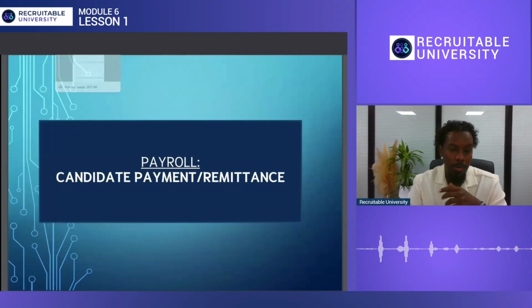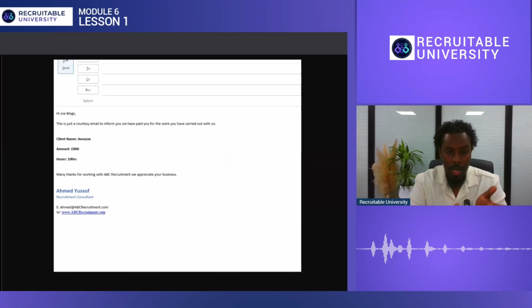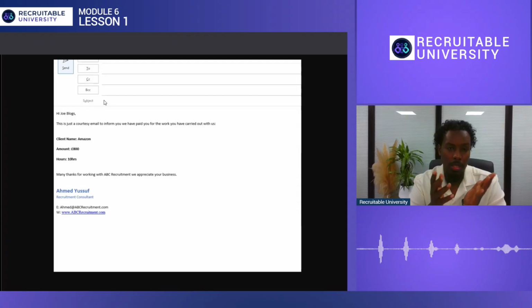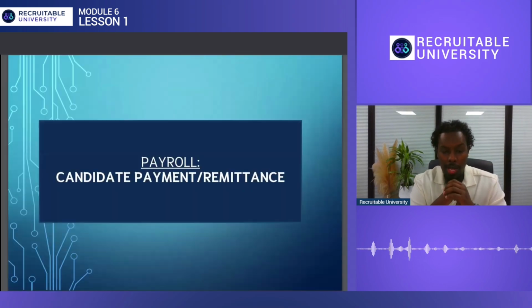Some people will prefer sending PDFs. You can send a document attachment, or it can be just as simple as an email, with the subject saying ABC Recruitment Remittance. This is just showing the work that they've carried out, and also a notification that a payment has been made to them.